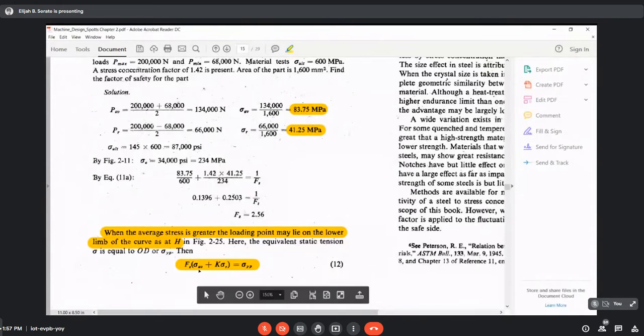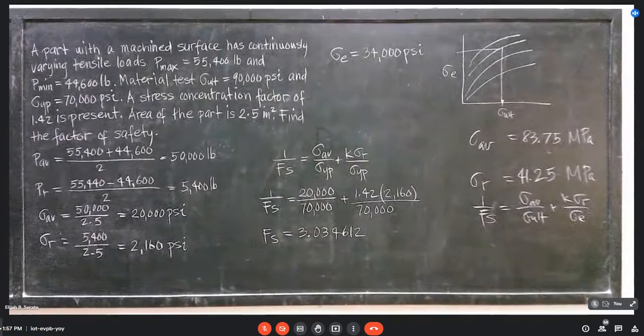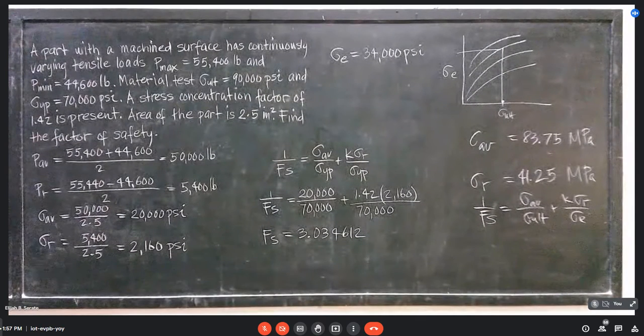So this statement here is big, because it only says that the average stress is greater. Okay, so I'm going to stop sharing. Let's go back to the board.